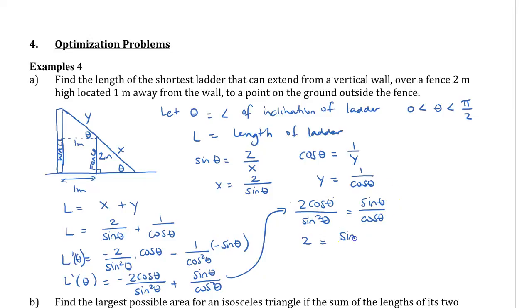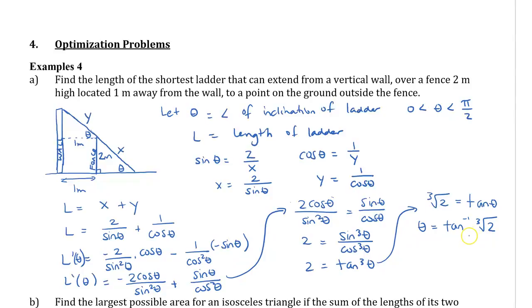So now I get sine cubed theta over cos cubed theta, which, using my trig identity, is going to be tan cubed theta. So, running out of space here, I'm going to cube root both sides. So now I have the cube root of 2 is equal to tan theta. So then theta is equal to the inverse tan of the cube root of 2.